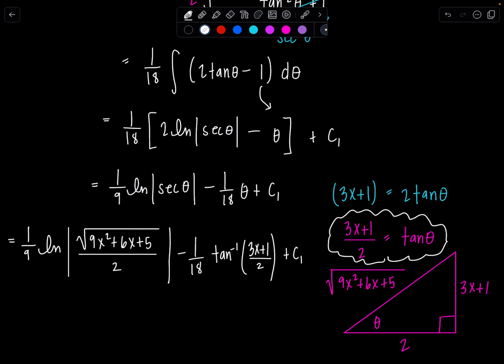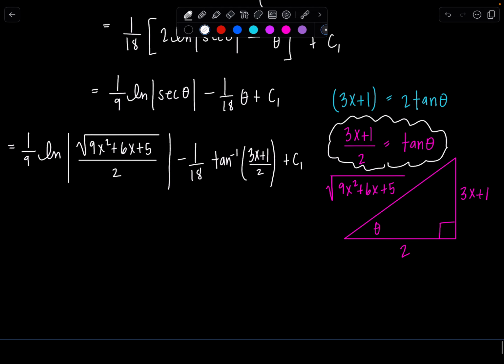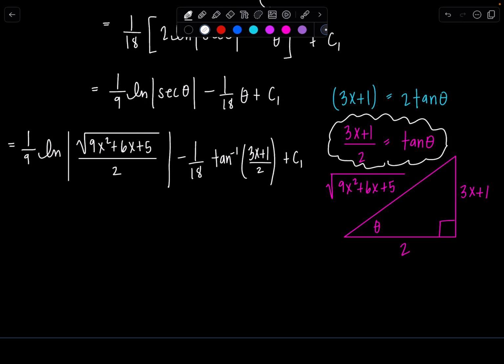I'm going to do one more thing. Are you ready? I'm going to use my log properties. When I have a quotient in my argument, I can break it up and write it as two logarithms involving subtraction as follows.